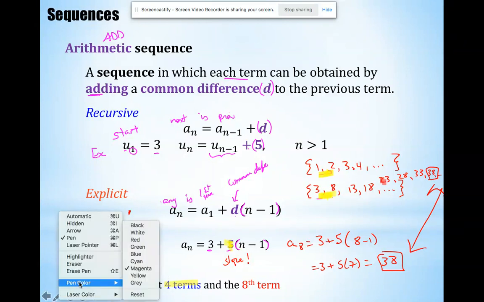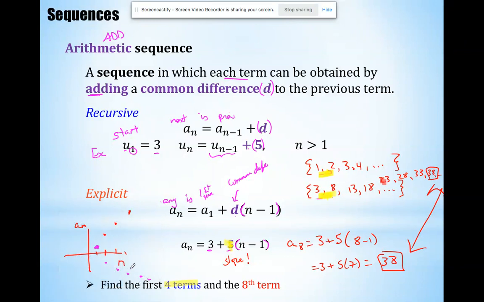So, as n goes to infinity, what does the sequence go to? The limit of the sequence with a positive d goes to infinity. The limit as the sequence goes to infinity with a negative d goes to negative infinity. Whoa.